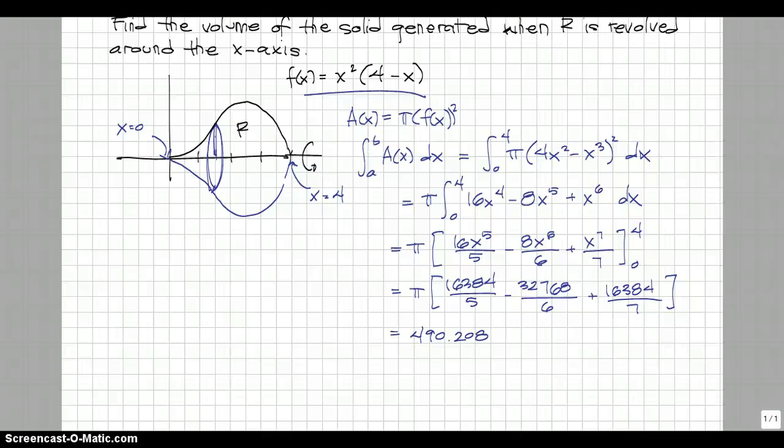And obviously this is units cubed, some kind of units, but units are rarely given in these problems, and they're not really expected to be included in these answers, although we know that we're working with a volume in this case.